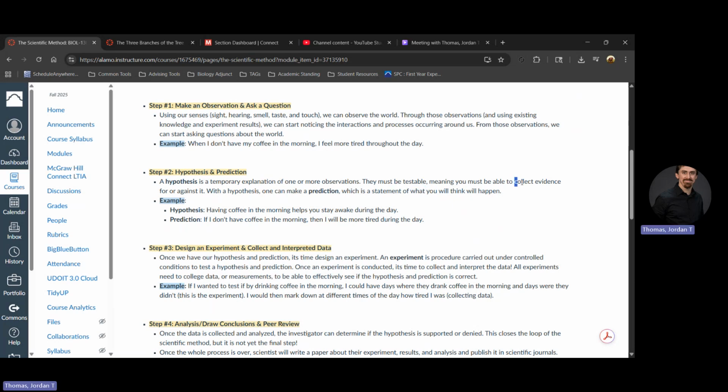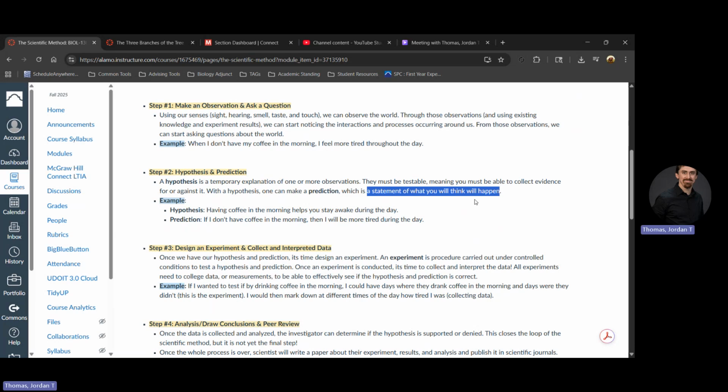And that is done by collecting evidence for or against it. But with a hypothesis, you can make a prediction, which is a statement of what you think will happen. And again, step 2 can be broken down into the hypothesis, the temporary explanation to our question, and a prediction of what we think will happen.